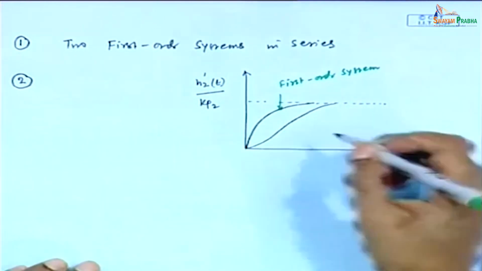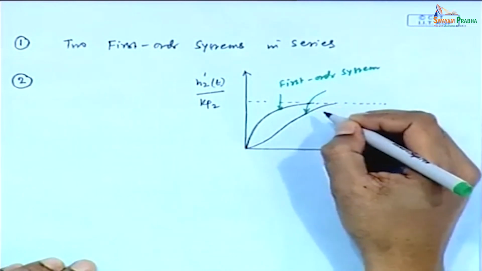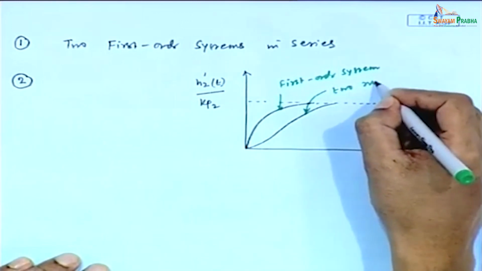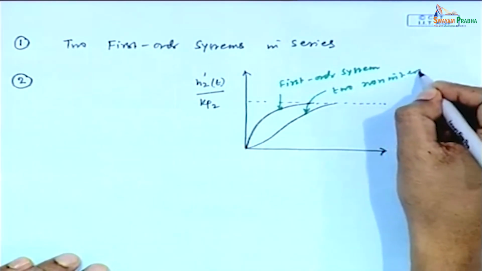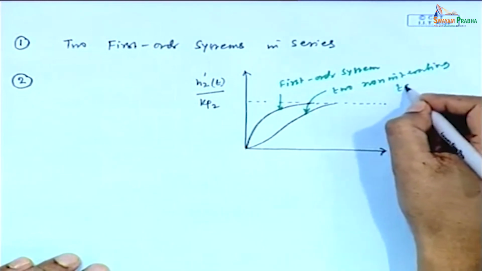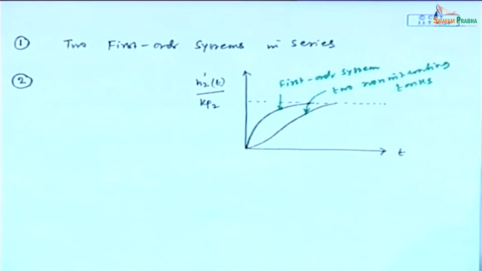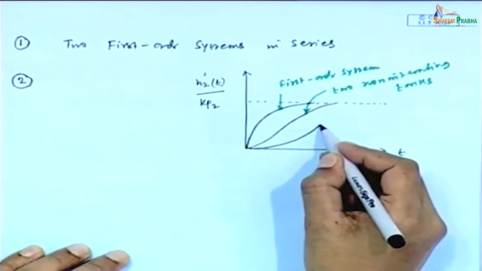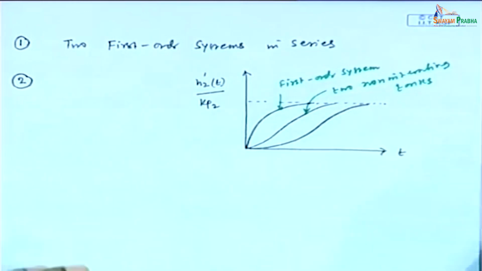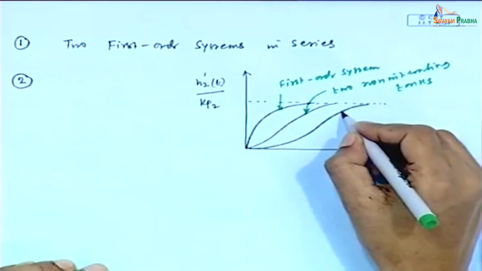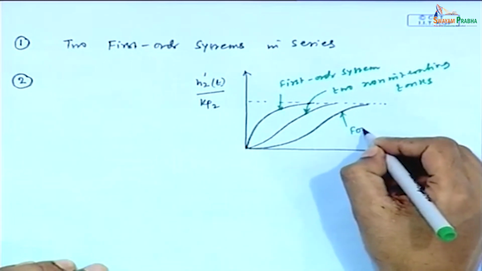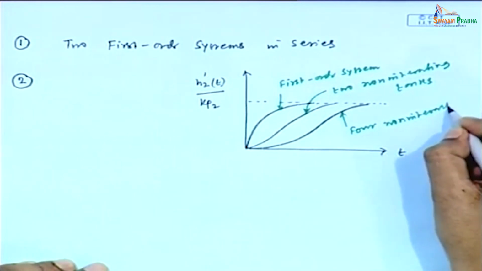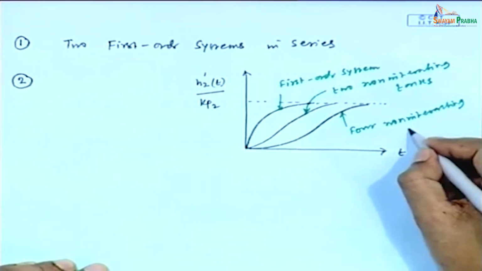This is the dynamics of second order or two non-interacting tanks system, and this is the dynamics of four non-interacting tanks.